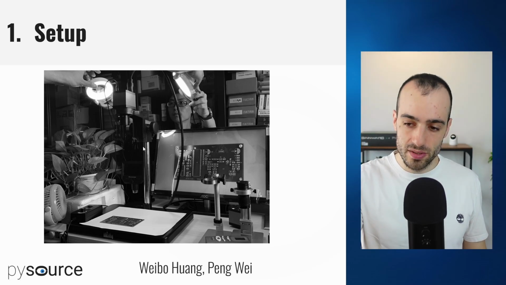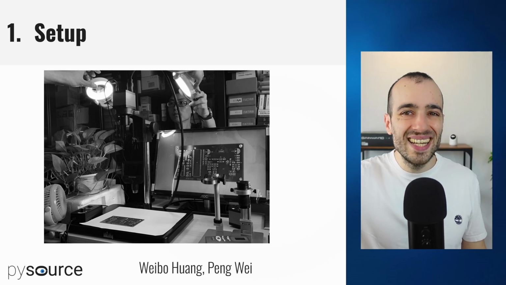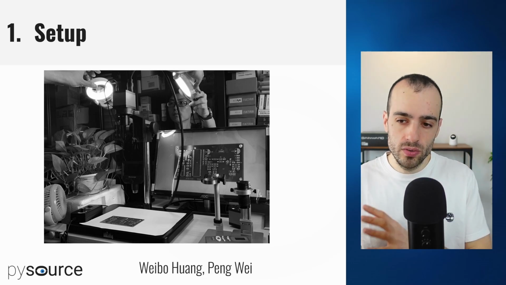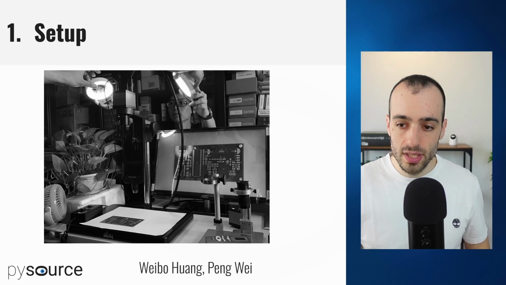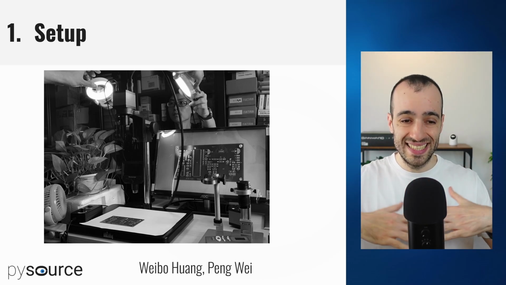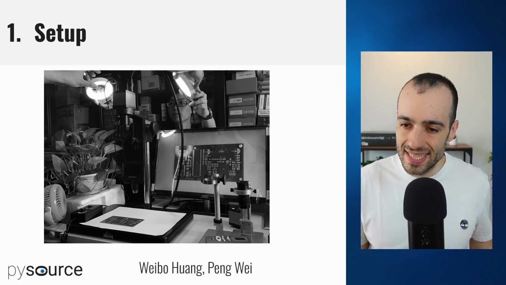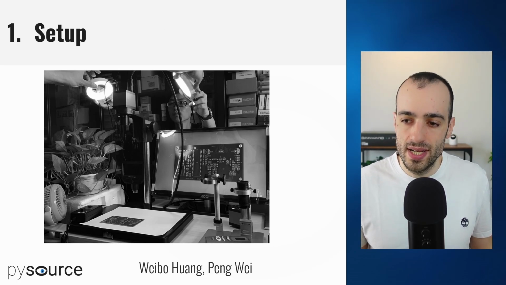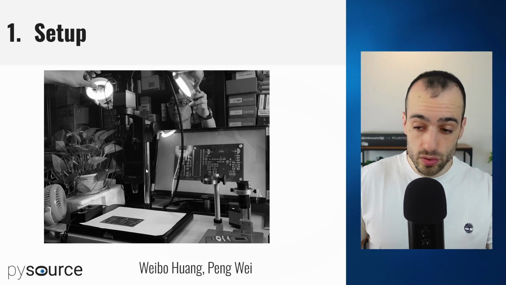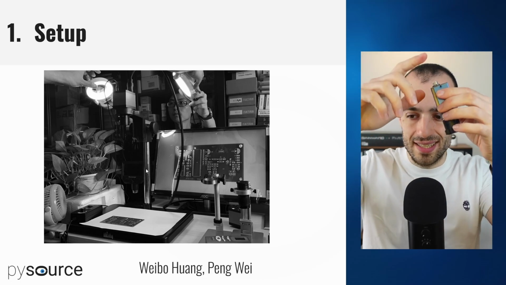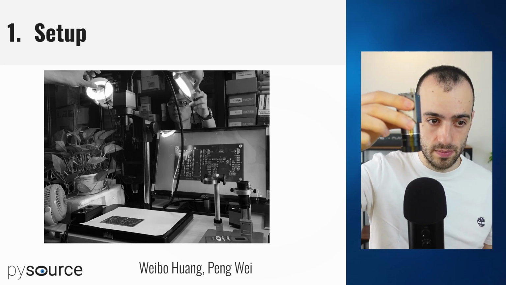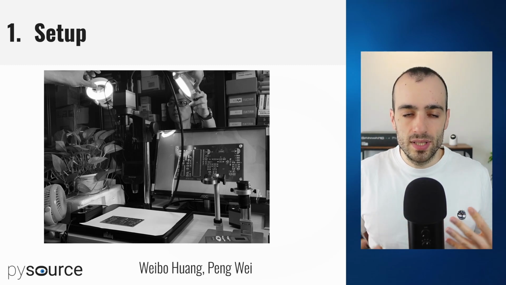There are 2 main components in such a setup. One is the lighting, which is essential, must not be too strong to create reflection, and also it must be as equal as possible across the entire board. So for this example, we have 2 ring lights right here that are part of this setup. In addition to the lighting, they use an industrial camera. This is an example of an industrial camera that can be used for that purpose. What is important about the industrial camera?